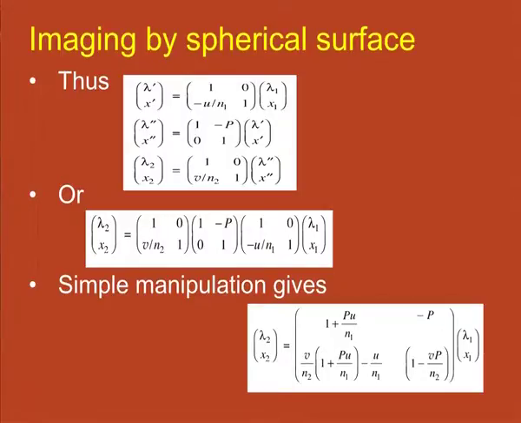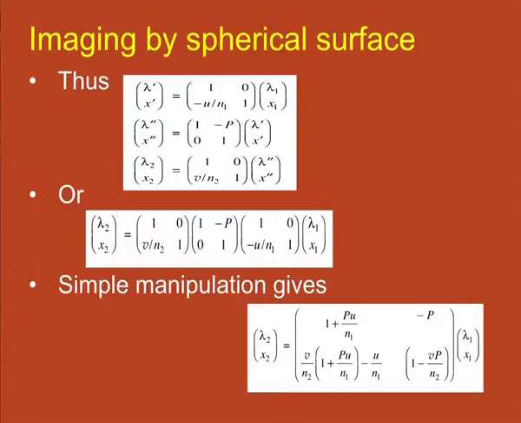Thus, we can now represent the expressions in the following matrix form. The matrix of lambda prime x prime is equal to the matrix of 1 0 minus u by n1 1 multiplied with the matrix of lambda 1 x1. The second expression is the column matrix of lambda double prime x double prime equal to the multiplication of the matrix of 1 minus p 0 1 with the column matrix of lambda prime x prime.